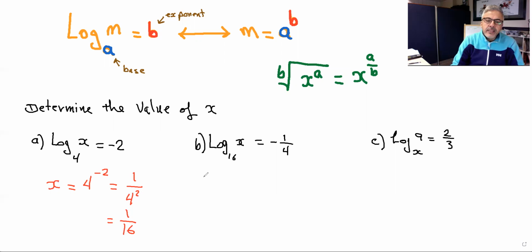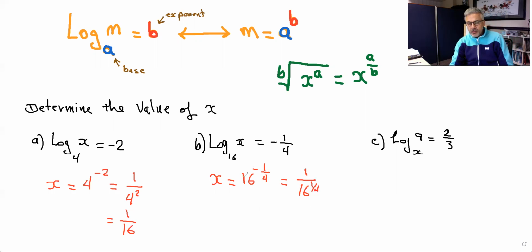Next question. We have this. Again, x would equal 16 to the negative 1/4, which is the same as 1 over 16 to the 1/4, because we always don't want to deal with negative exponents, so we flip, we make the exponent positive.